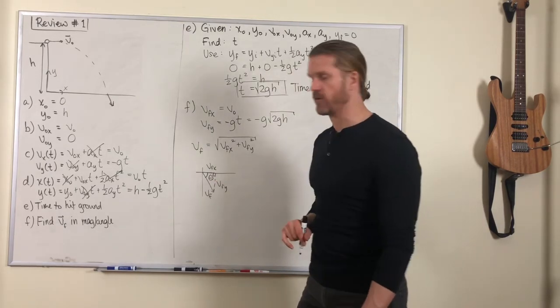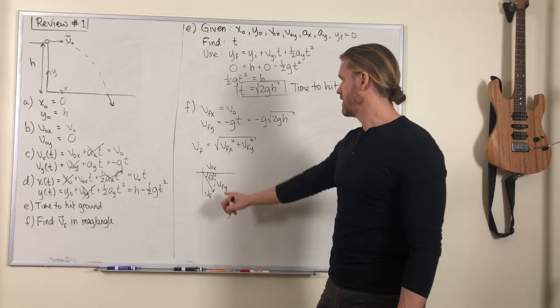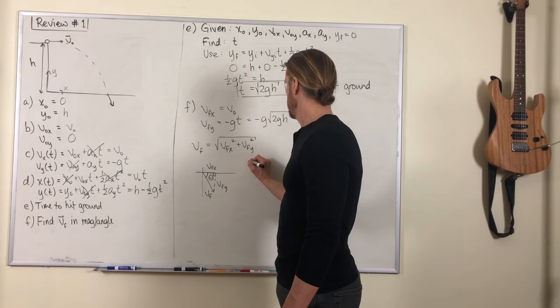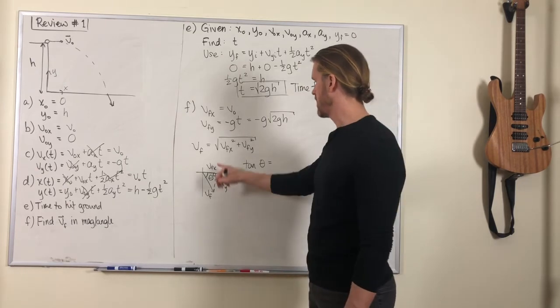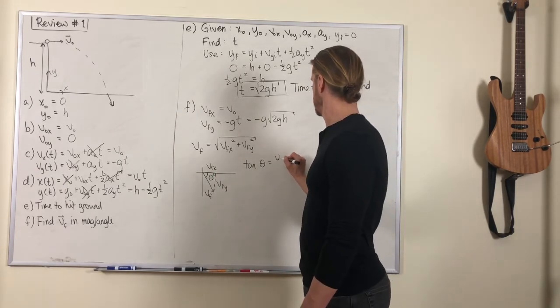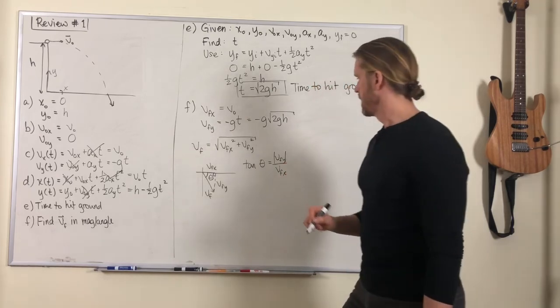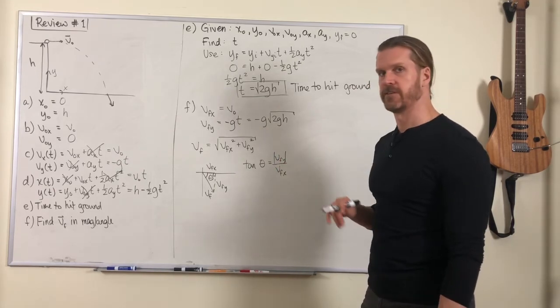So let's define our angle as being below the x-axis. And when we define our angle like that, then we can say that tangent theta equals opposite over adjacent. And I'll use the absolute value of V final y.